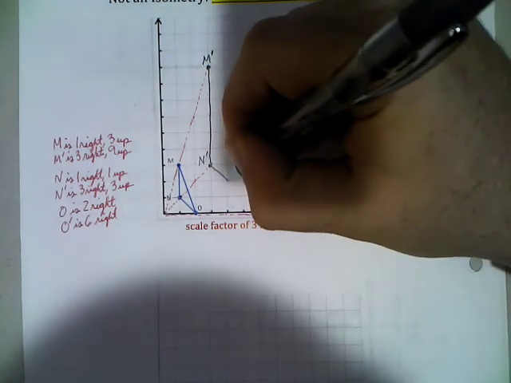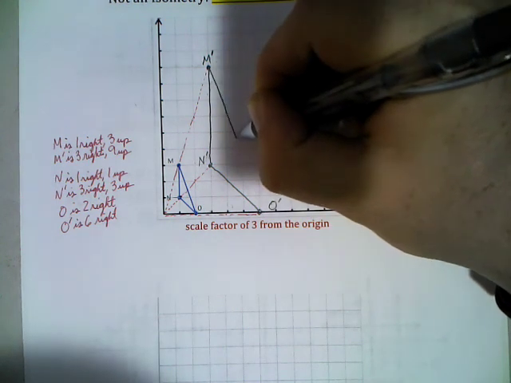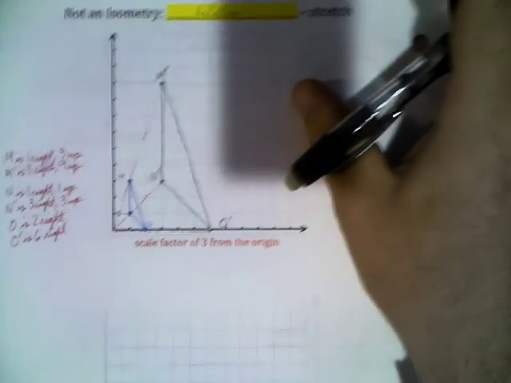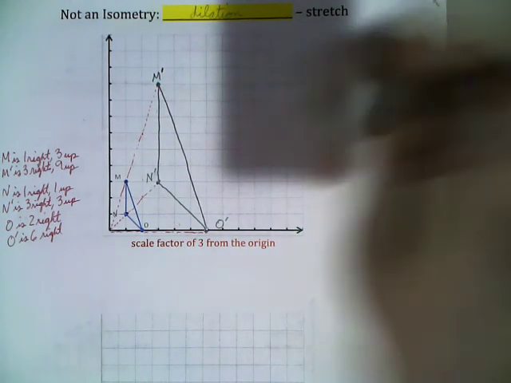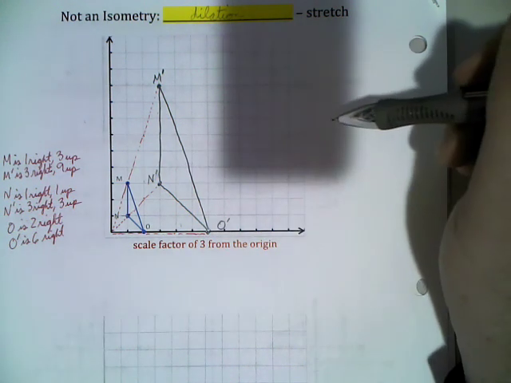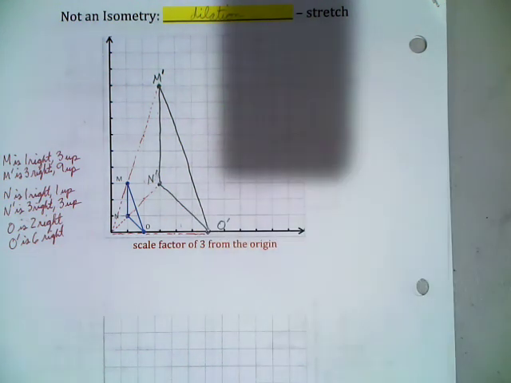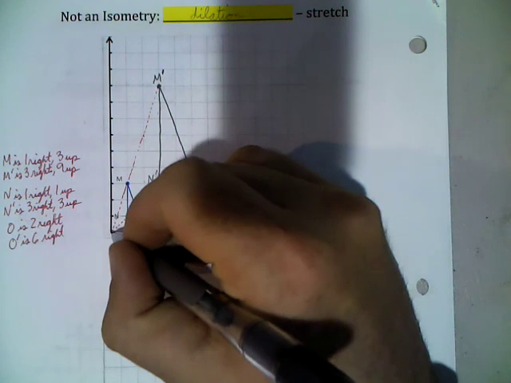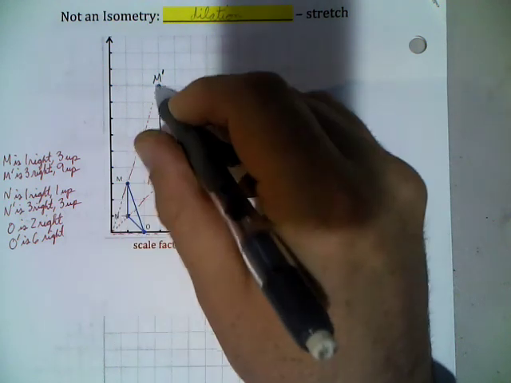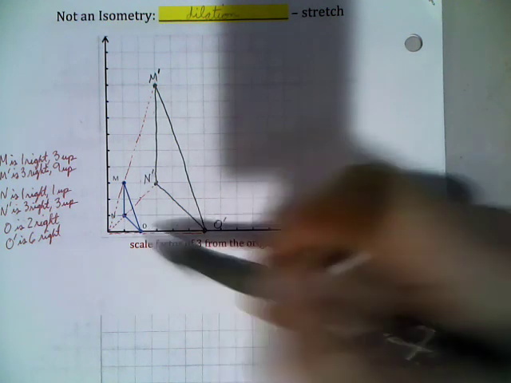And in a dilation, what we should end up with here, since the scale factor is 3, is a triangle that looks like it's 3 times bigger than our original triangle. Another thing you should notice, especially with the red lines, is that if you were to draw a line from your center of dilation to each of your prime points, it'll go through the original points of the figure.